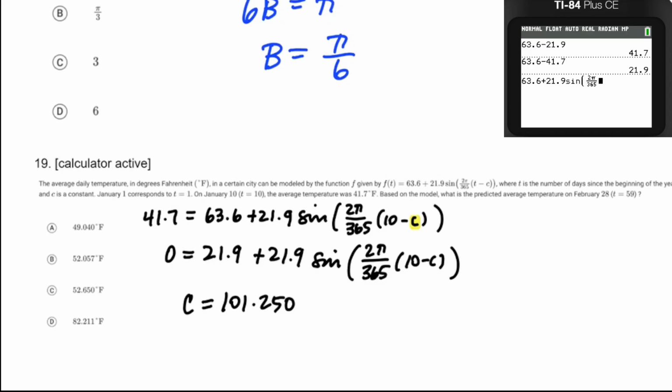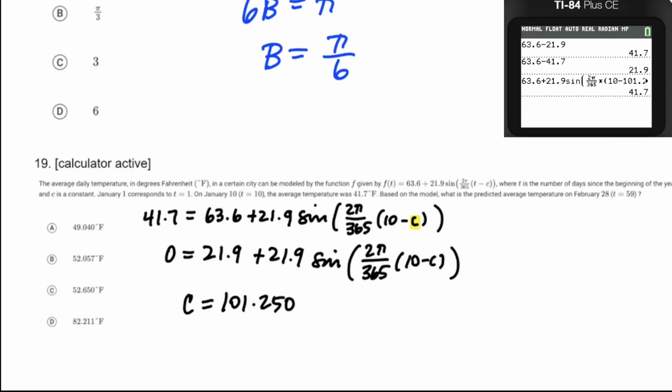It's annoying. Times, what was it? 10 minus 101.25. Got a calculator, might as well have the calculator do that. 101.25. And there we go. That's the whole thing. So 41.7.